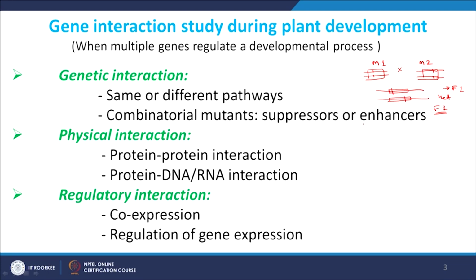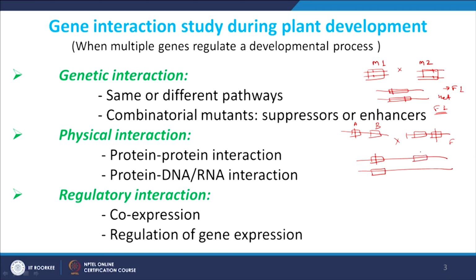On the other hand, let us assume that in this mutant the mutation is in gene A, and there is another gene B which also plays a role in the same developmental process, and in the second mutant the mutation is in gene B, but both are homozygous. When you cross them and go to the F1 generation, you will have gene A disrupted from one plant, but an allele of A as normal from the other plant.